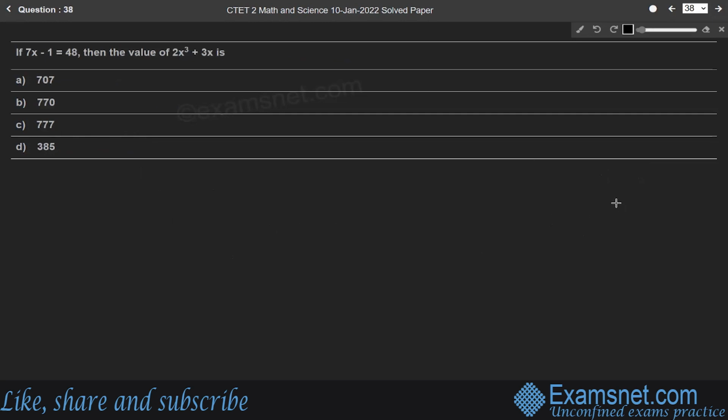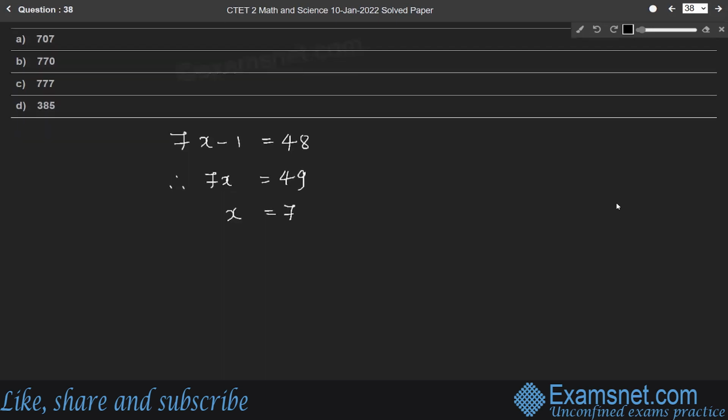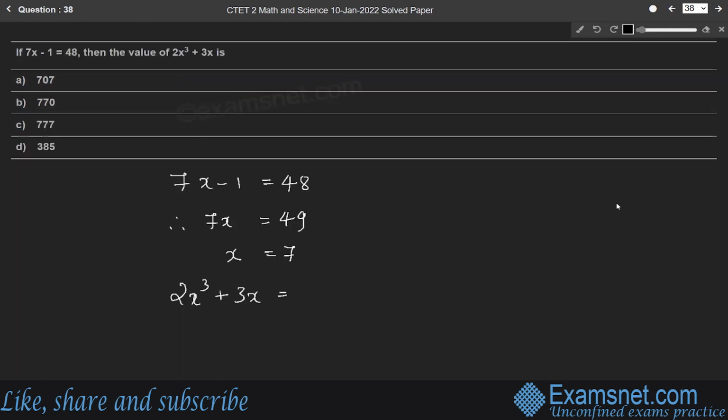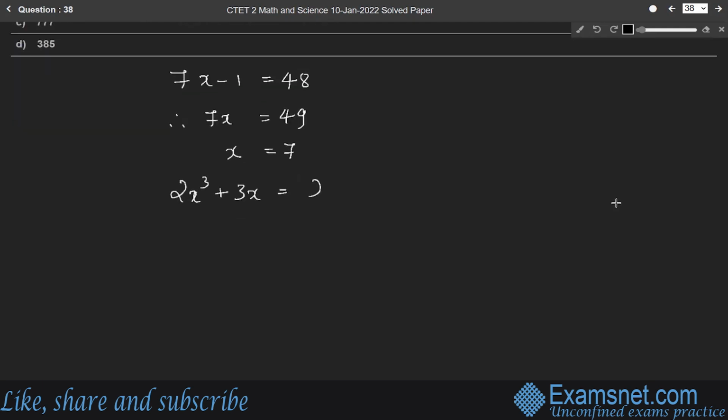Question number 38. If 7x minus 1 is equal to 48, then the value of 2x cube plus 3x is. So 7x minus 1 is equal to 48. Therefore, 7x is 49. So x is equal to 7. Substitute the value of x into 2x cube plus 3x, which is equal to 2 into 7 cube plus 3 into 7.